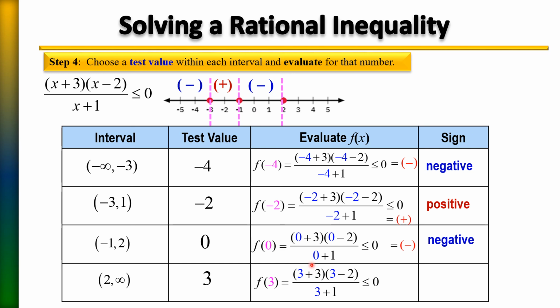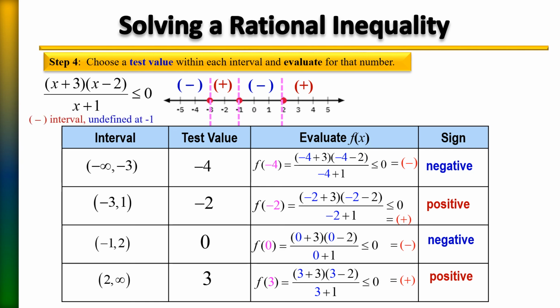On top is a positive for the first parentheses, a positive for the second parentheses. So I have a positive on top and a positive on the bottom. A positive divided by a positive equals a positive. So just as we suspected, yes, that region is positive. That's not what we're looking for. We're looking for those regions that are negative.